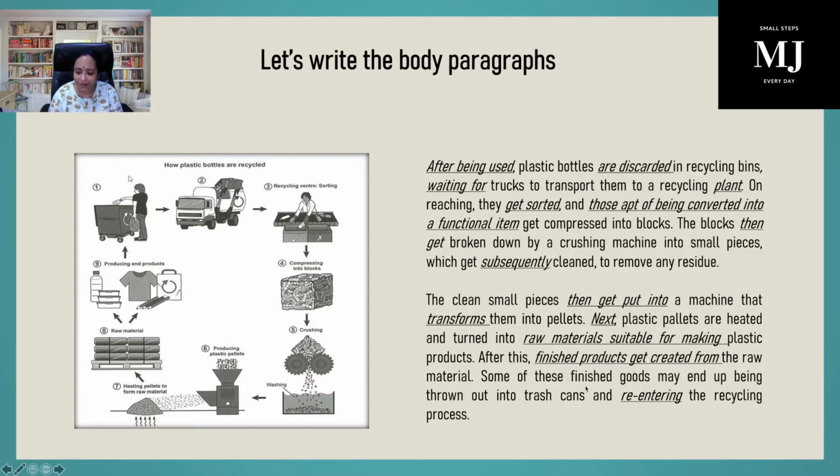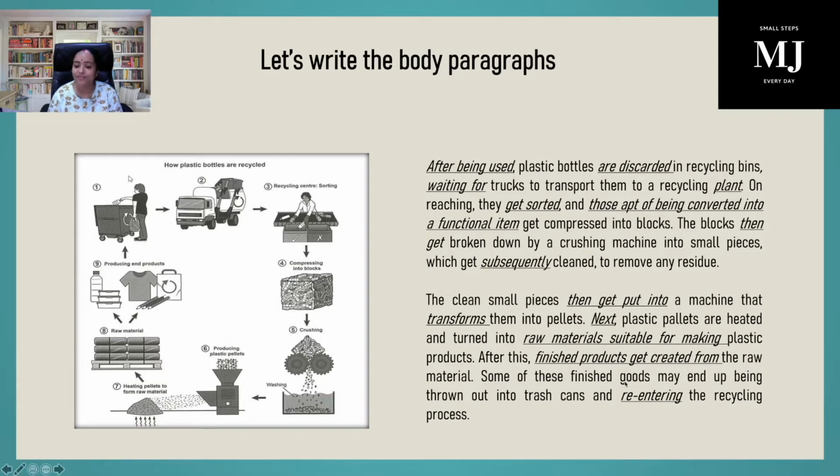Now please mind it. Some of these finished goods, these end products, may end up being thrown out into trash cans and re-entering the recycling process. Okay, so you might end up using them for a longer span of your life, or you might end up throwing some things in the trash can again, these recycling bins again, after a small amount of time.